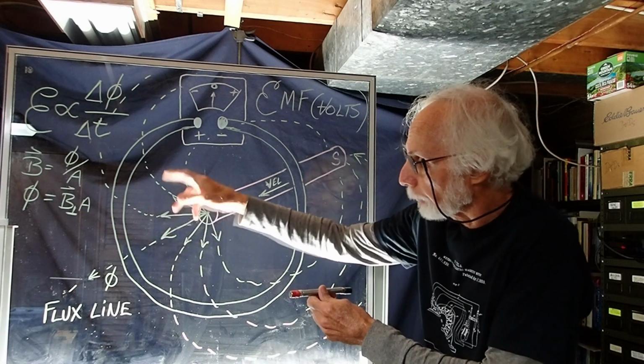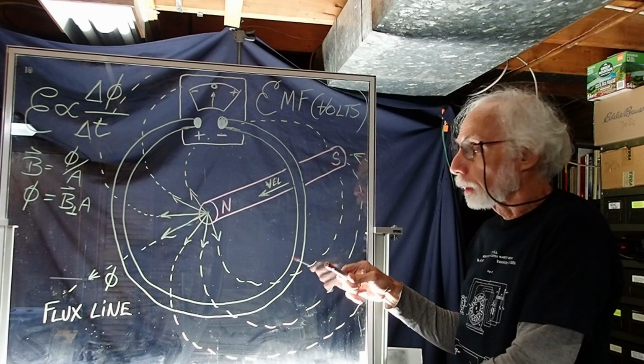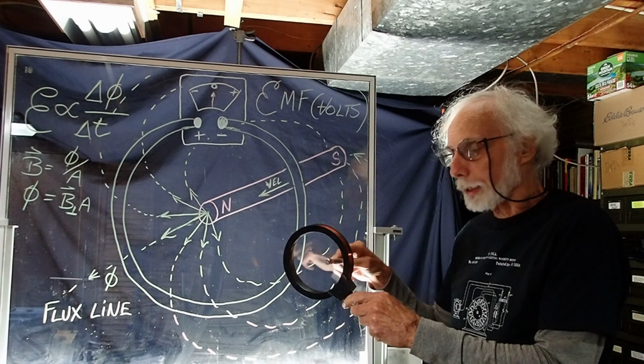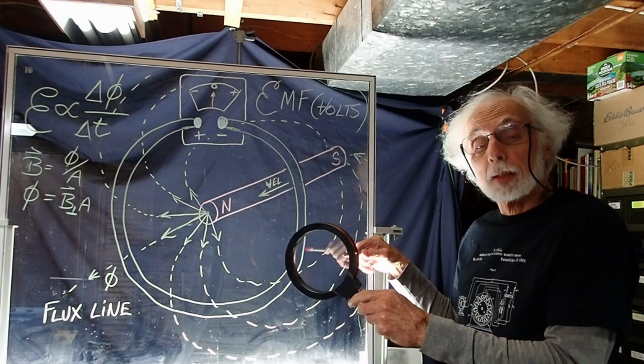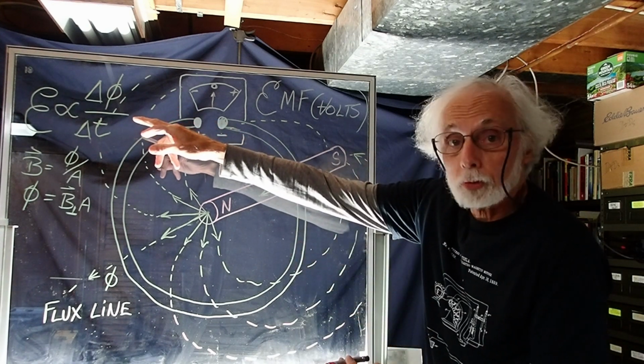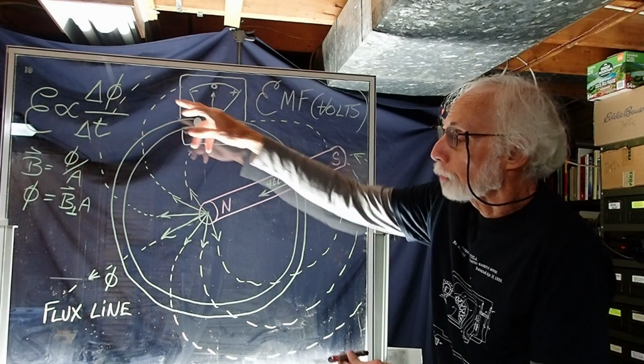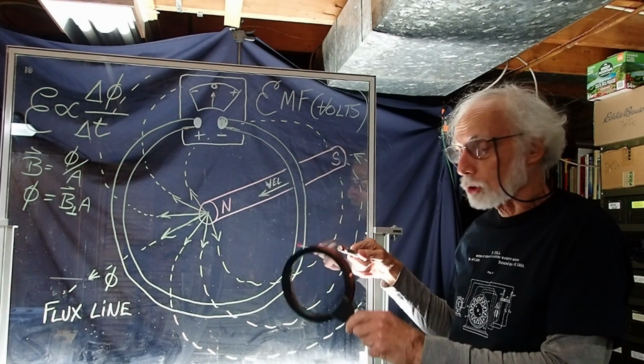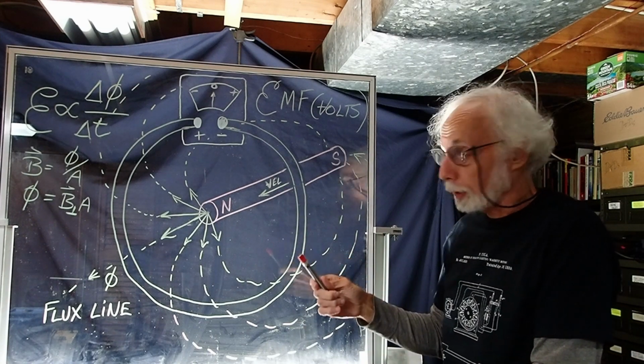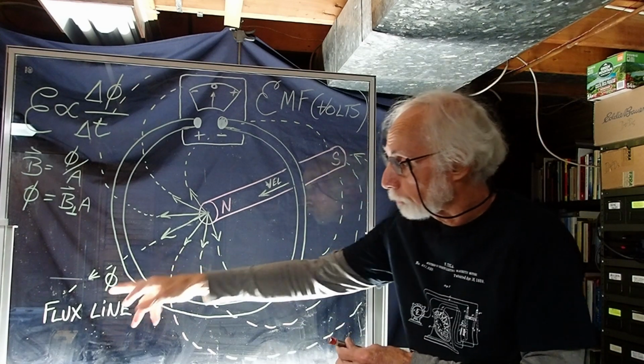These flux lines radiating out in space are what enter this ring, and we could say that the induced electric effect, E, is proportional to the rate at which we change these lines. And as we said, the name for the lines is flux lines.